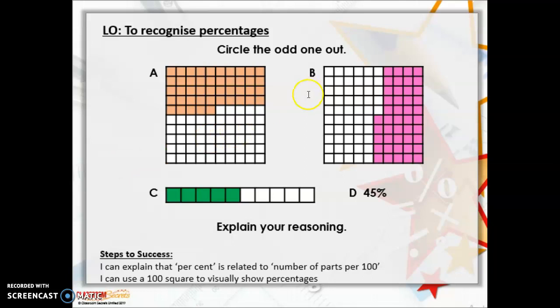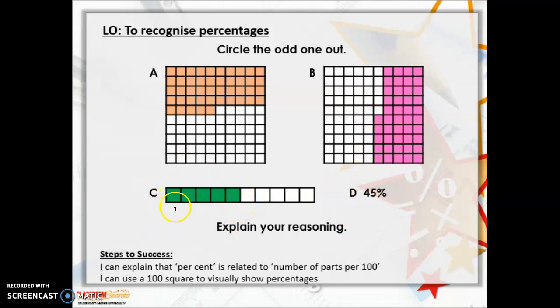Okay, so if we have a little look at A, we've got 10, 20, 30, 45. So we've got 45%. In B, we've got 10, 20, 30, 40, 45%. We can see straight away with D, there's 45%. What's going on in C?